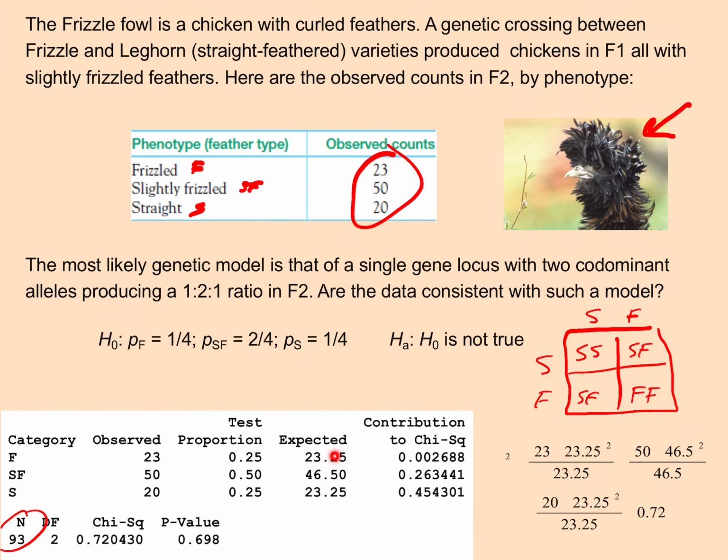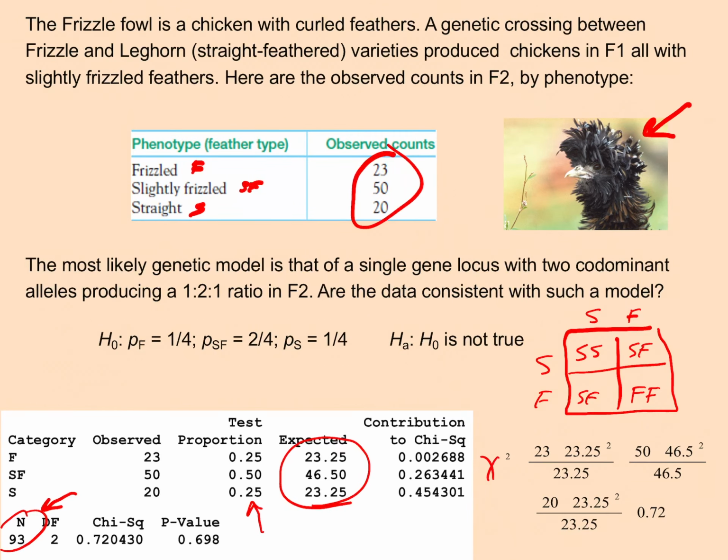On average that is how many you would expect to be frizzled. 0.5 times 93, 46 and a half, slightly frizzled. Again, 0.25 times 93, 23 and a quarter, which would have straight feathers. So these are our expected counts, okay? And we use our null proportions to calculate those based on our sample size.